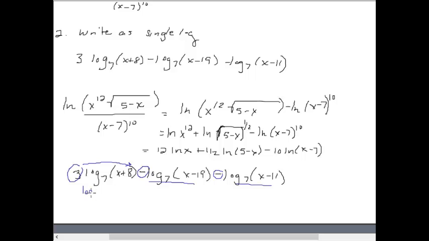So this is log base 7 of x plus 8 cubed, right? So remember, I only write log once, so these two expressions are going to be denominators. So this will be x minus 19 times x minus 11 in the denominator. So that's writing that one as a single log.